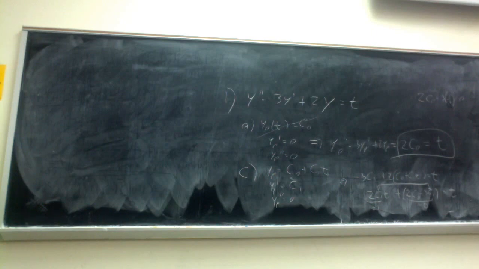And then similar for the second derivative. Here you need to use the product rule again. So that's 4t e to the 2t plus 2e to the 2t plus 2e to the 2t again.